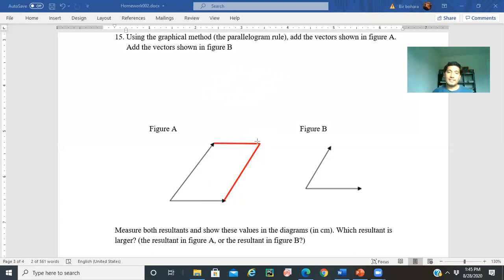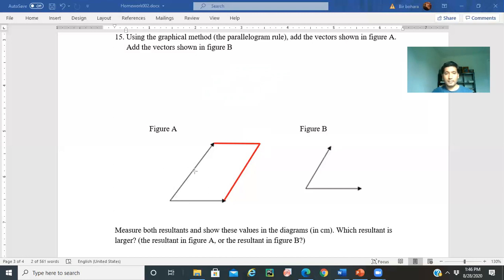So that's what this question is asking. Now addition means you have to find the sum of these two vectors. That's what addition is, right? So let me tell you what is the resultant or sum of these two vectors.